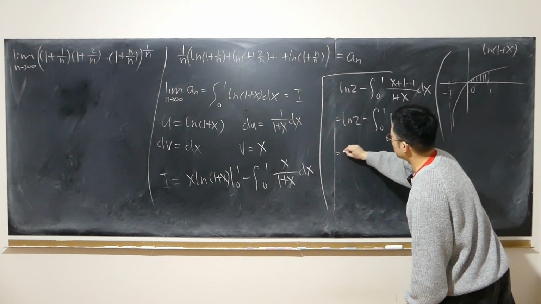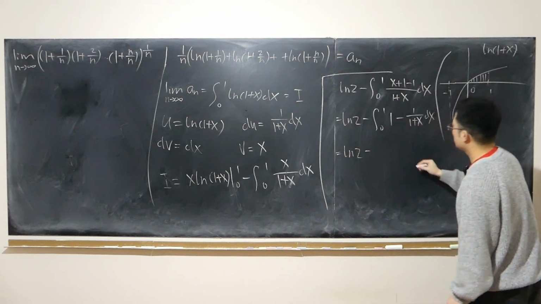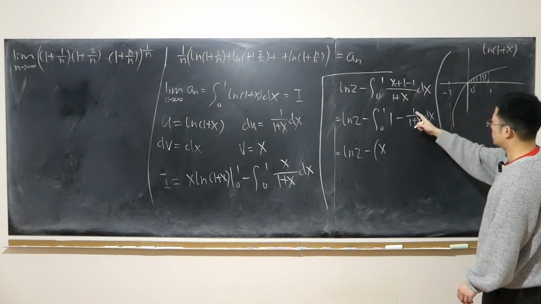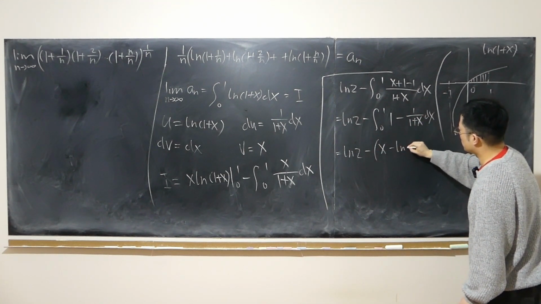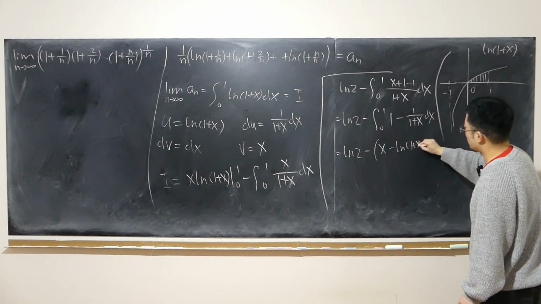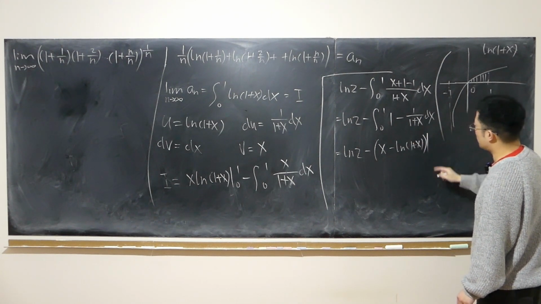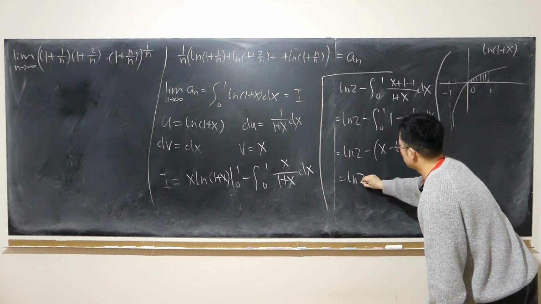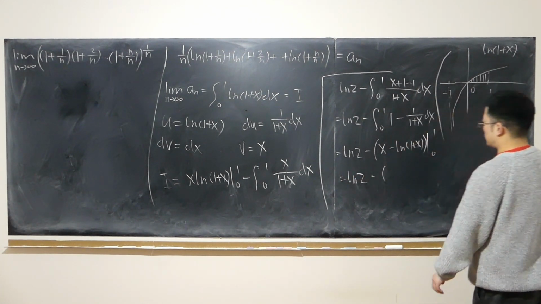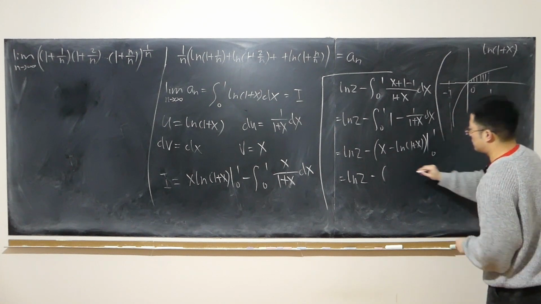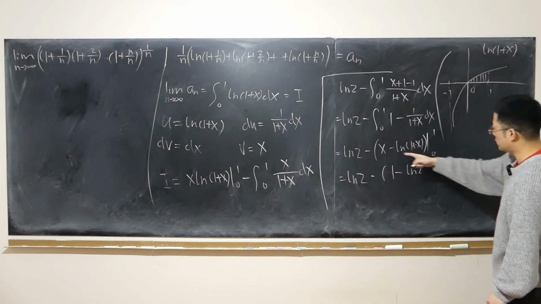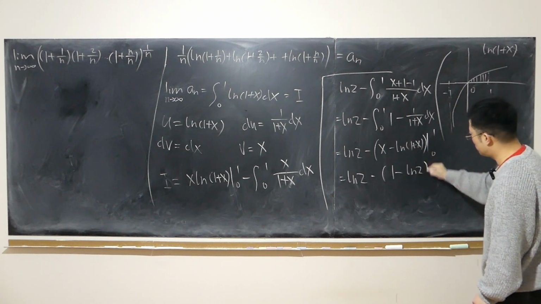And that is equal to log 2 minus, the antiderivative is x, and the antiderivative of this is just log(1 + x), altogether evaluated from 0 to 1. I have log 2 minus, in the bracket, 1 minus log 2, minus 0 minus log 1, still 0.